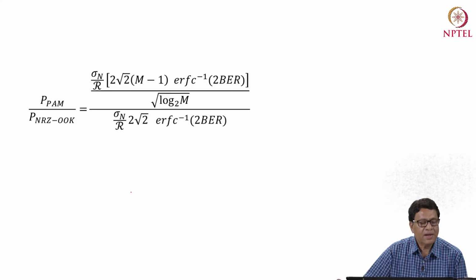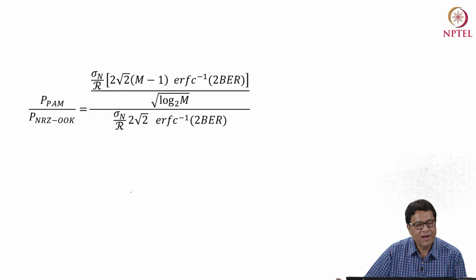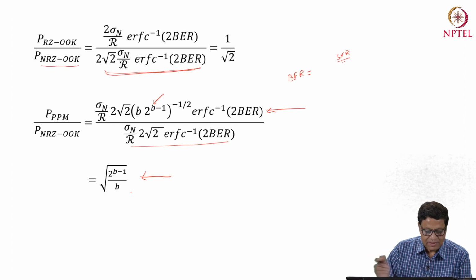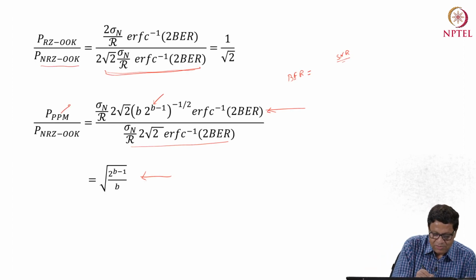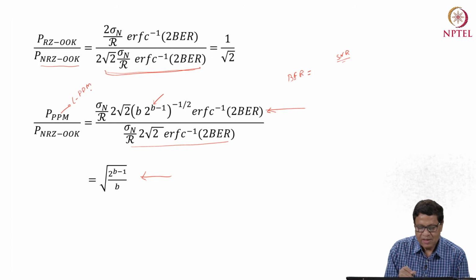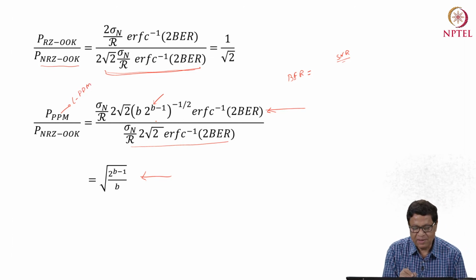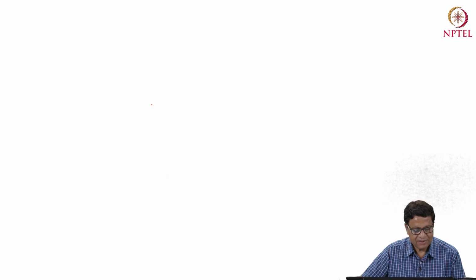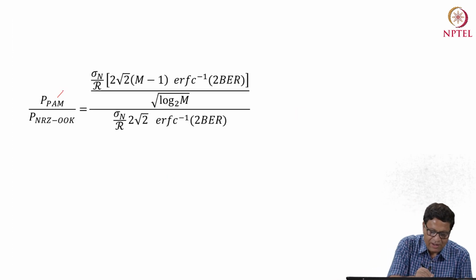And similarly, I can calculate the power required for an M-ary PAM system. The previous one is basically for L-PPM system. I'm not using L here, it is given in terms of B. And this is for an M-ary PAM system.